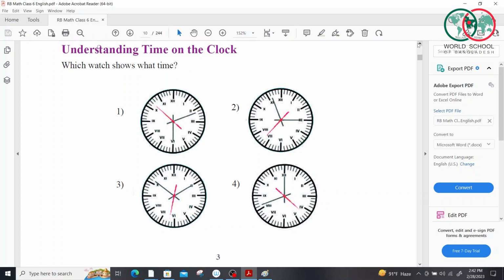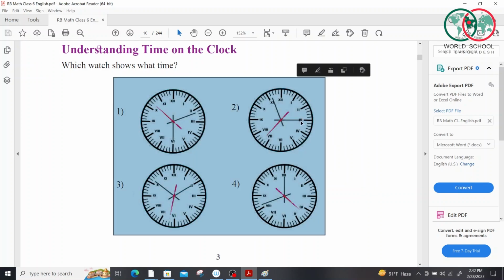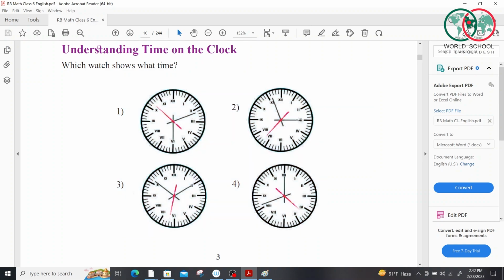Here we can see that this is the smallest one, so this represents the hour. It is at 3. And the minute hand is at 11 something, like it's between 11 and 12.